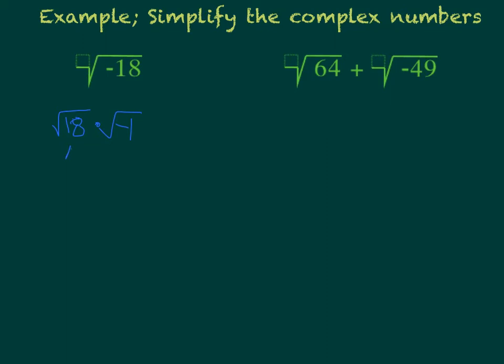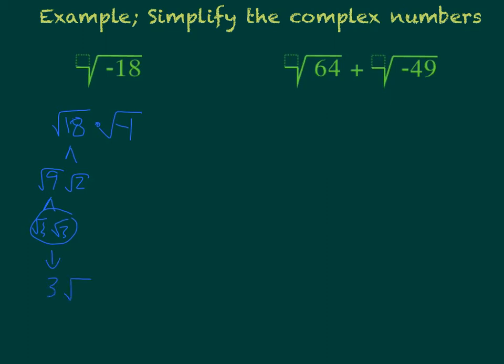So when I break it up, I am looking for groups of 2. 9 times 2, and then I can break that up further. Square root of 3, square root of 3, and there is a group of 2 square roots of 3. So what that means is we're going to pull out a 3.